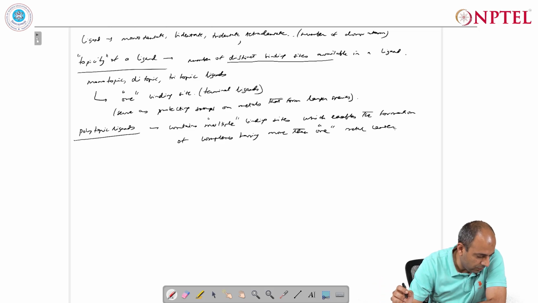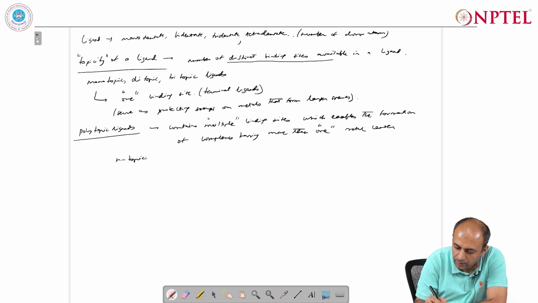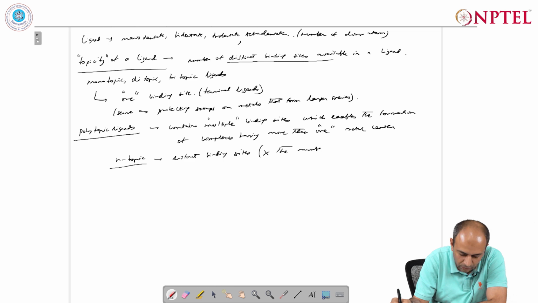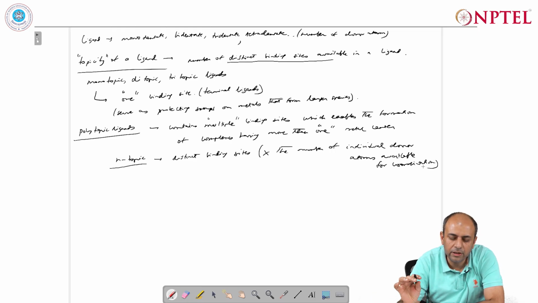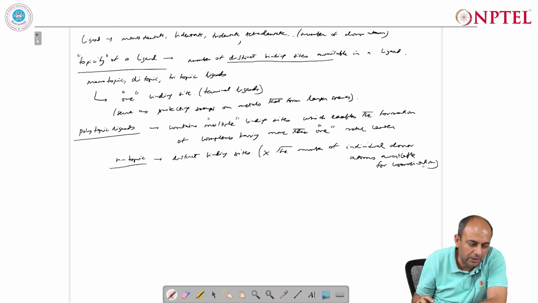The word N-topic refers to the number of distinct binding sites, and this is not the number of individual donor atoms available for coordination. So this is a fundamental difference between denticity of a ligand and topicity of a ligand.